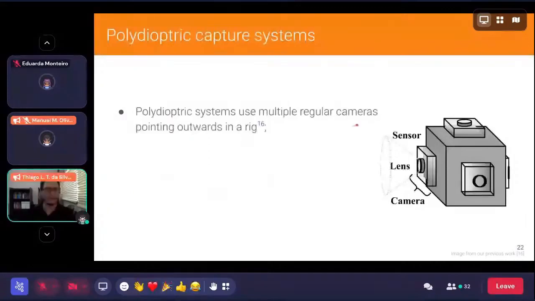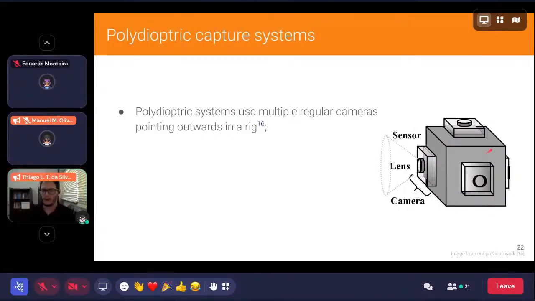Another system for capturing omnidirectional images is what we call a polydioptric system. It is actually a collection of cameras that point outwards from the rig. So they are organized in a rig and point outwards.